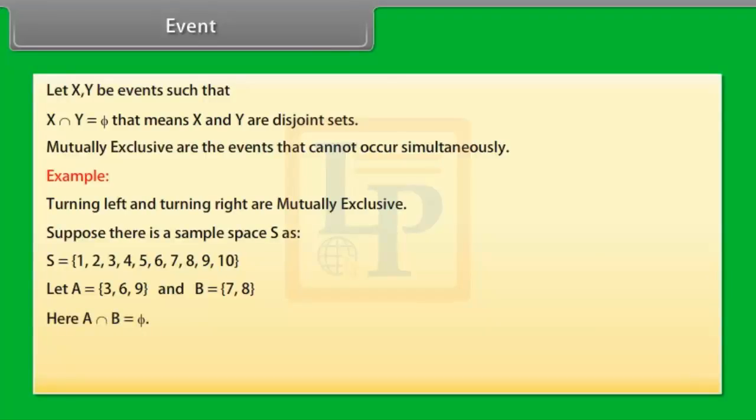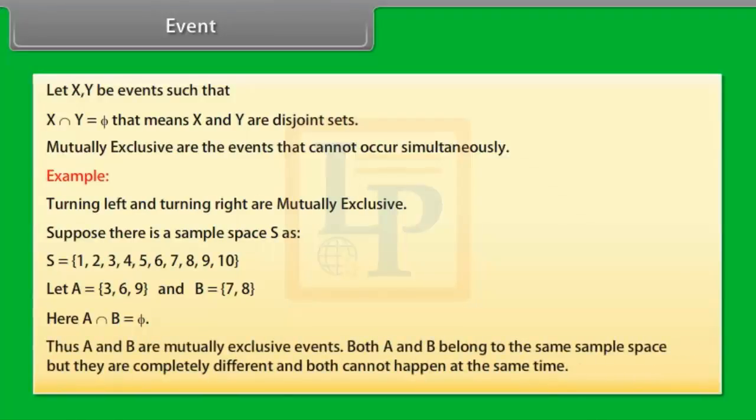Here A intersection B is equal to phi. Thus A and B are mutually exclusive events. Both A and B belong to the same sample space, but they are completely different and both cannot happen at the same time.